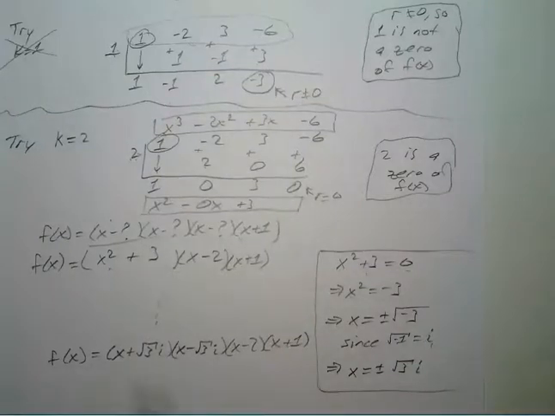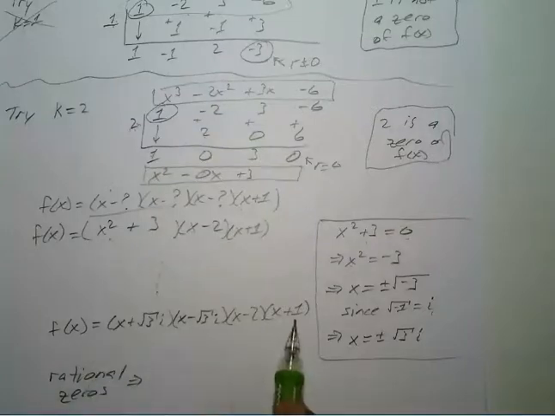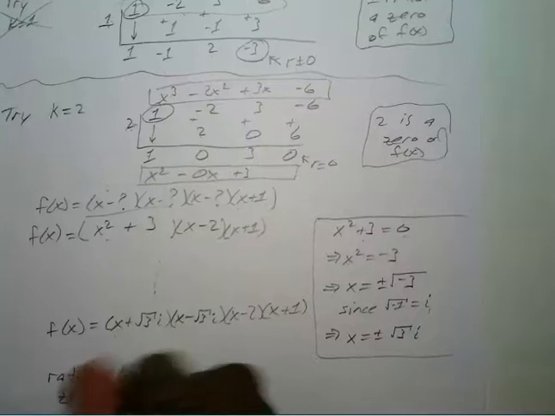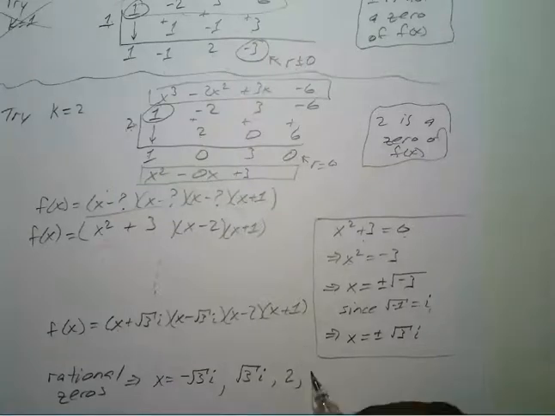Okay, so that means the zeros are any values that would make this equal 0. So x equals negative square root of 3i, positive square root of 3i, 2, and negative 1.